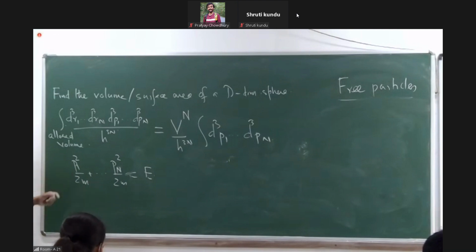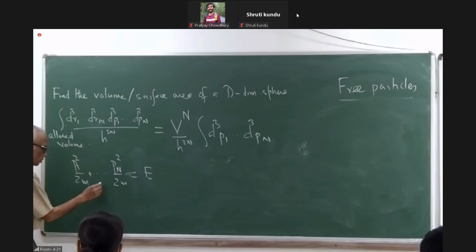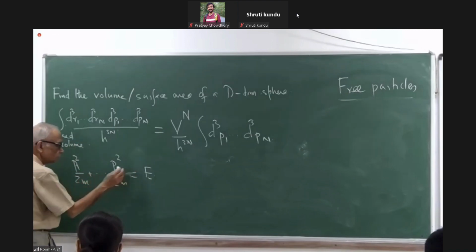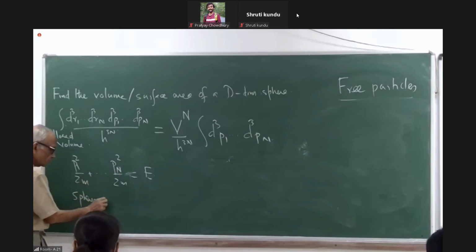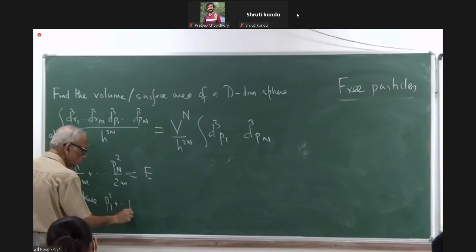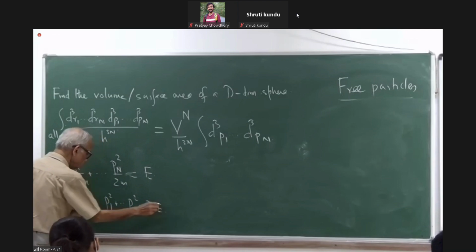So if this is the constraint, then the particles can lie only on the surface. This equation is that of a sphere. So P1 squared up to Pn squared is equal to 2mE.